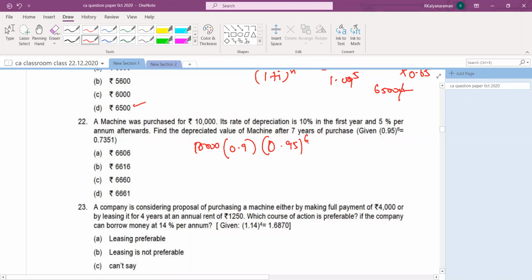You know that depreciation means it is compound interest at a negative rate. So this is equal to 10,000 into 0.9 into 0.95 power 6, that is 0.7351.